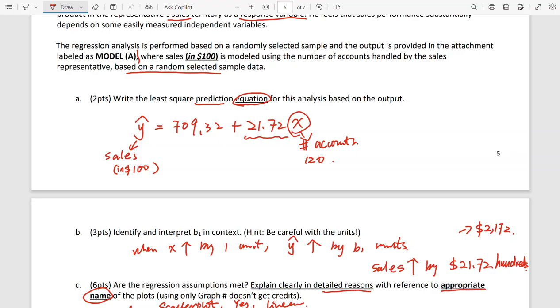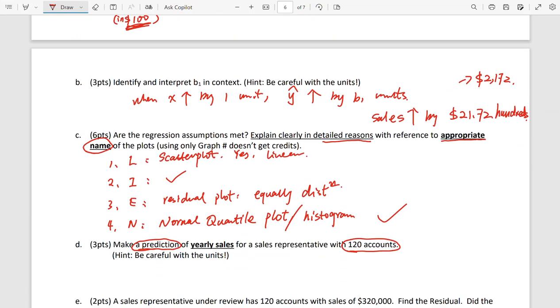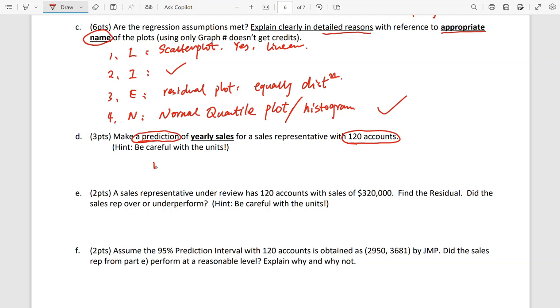Some of you got confused and changed this to 1.2 or even 12,000, something like that. Remember, this 100 is the unit for the sales, it is not the unit for the number of accounts. All right, so we just plug the 120 into the regression, and then after calculation, your y is 3315.72.